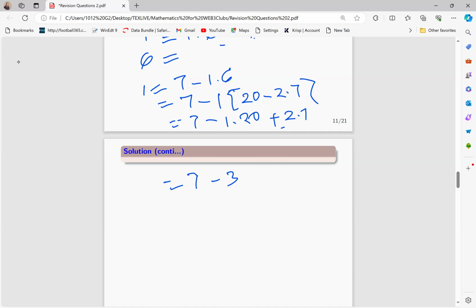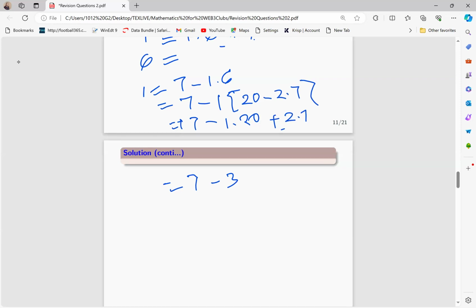All these are like terms, so it will be 3 times 7. Just rewrite this as 1 times 7, it's just the same thing. So now the terms: it will be 3 times 7 plus minus 1.